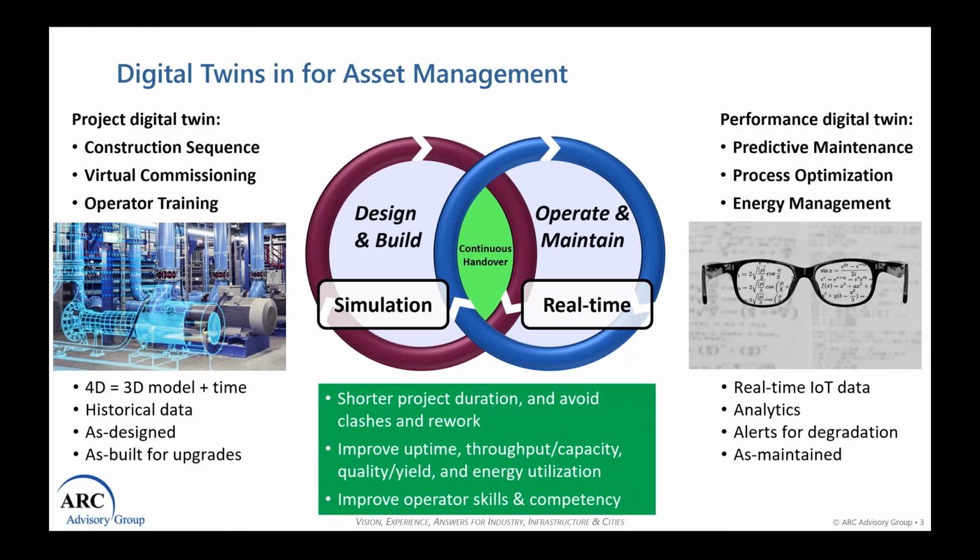Now, the benefits for the project digital twin are all around shorter project duration and avoiding clashes and rework, getting to revenue faster, getting the benefit faster. On the performance digital twin side, most of it is around improved uptime, though we are getting into improved process optimization.